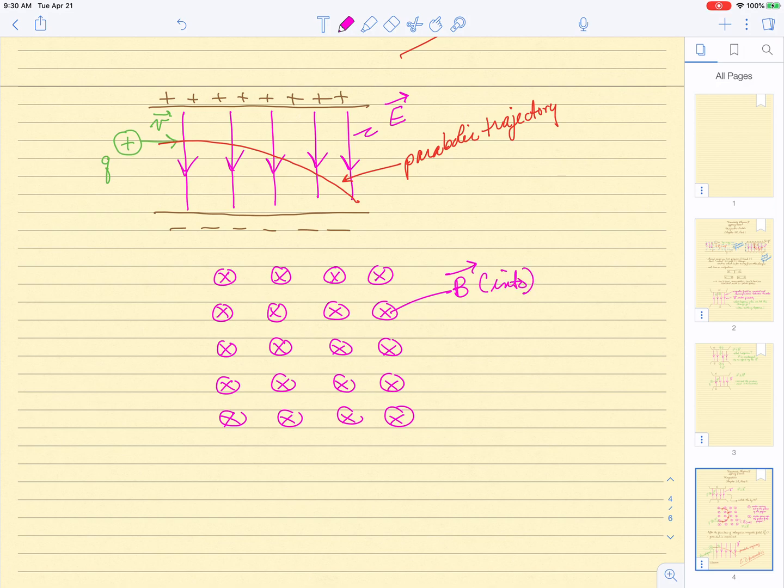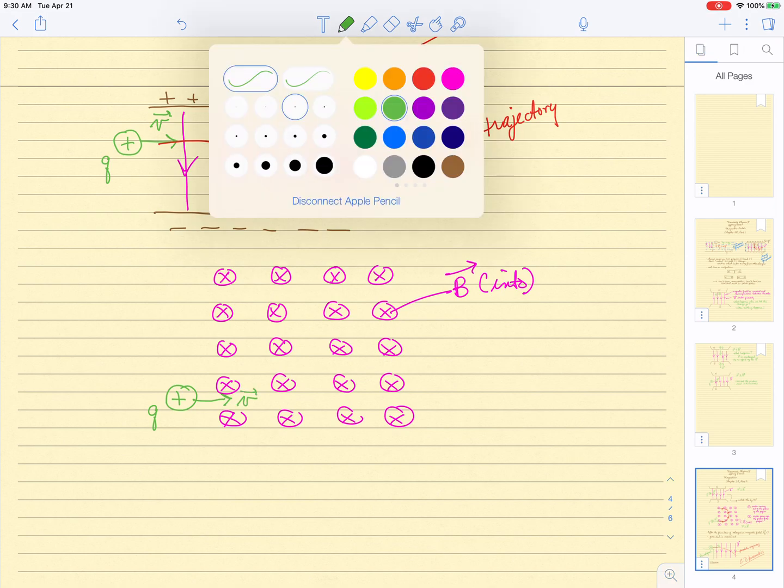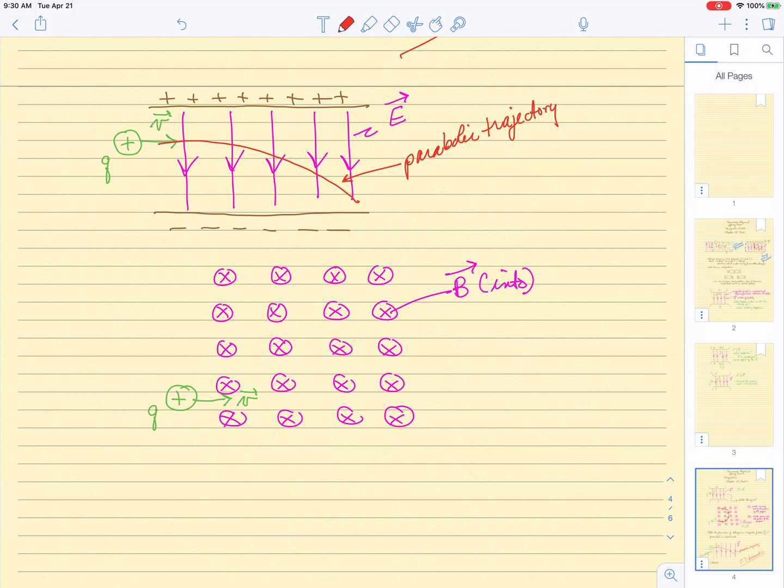We shoot our positively charged particle into this magnetic field with some velocity v, and experimentally we determine that it traces out a circular trajectory, and it has a radius of r.